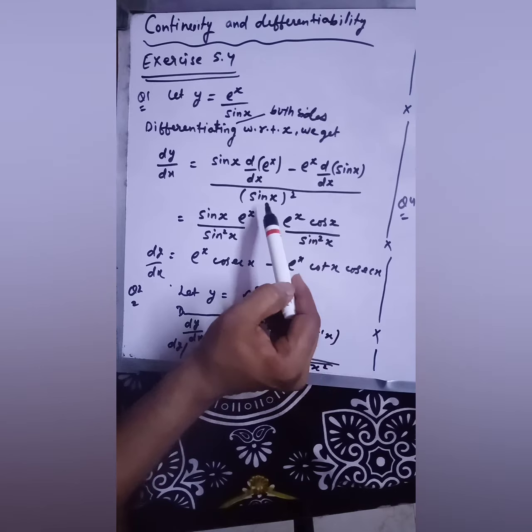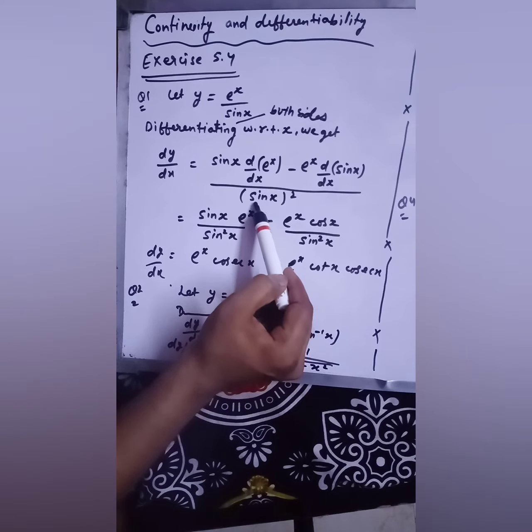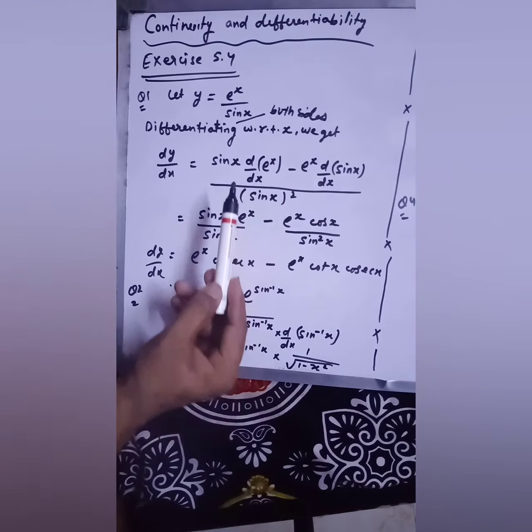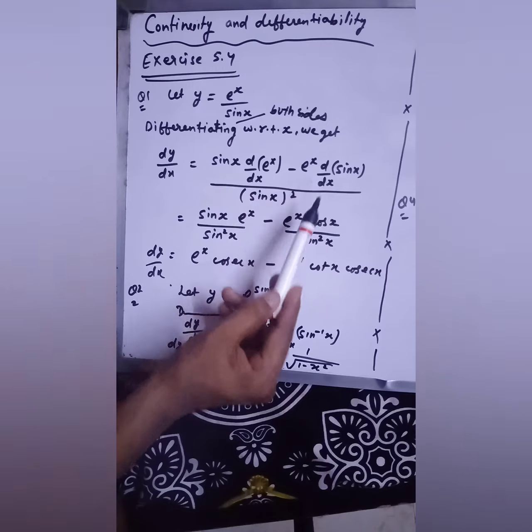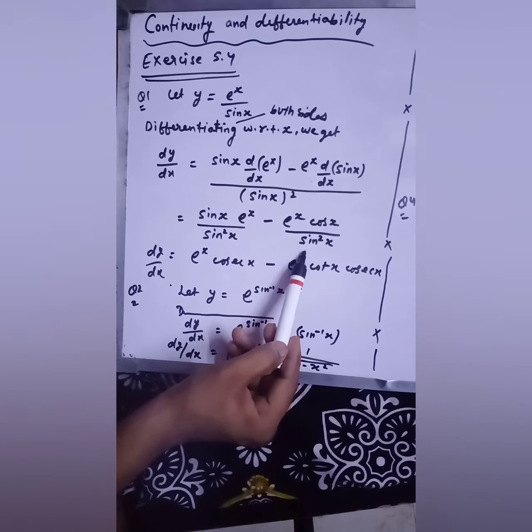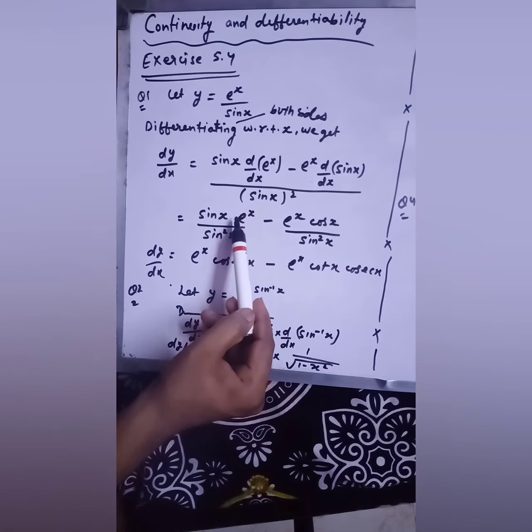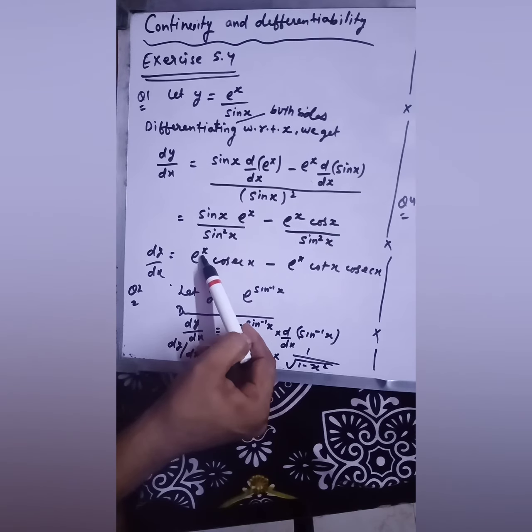I am writing this sin square x separately in the denominator. Next, e raised to power x will remain the same.